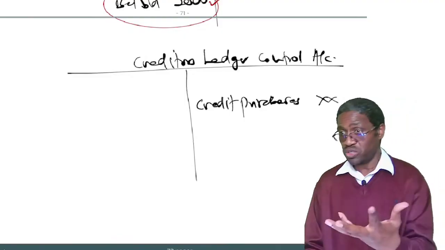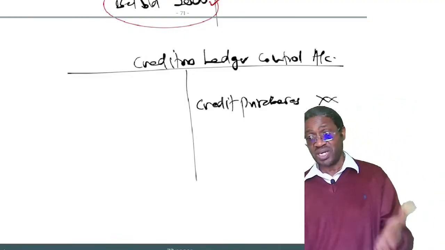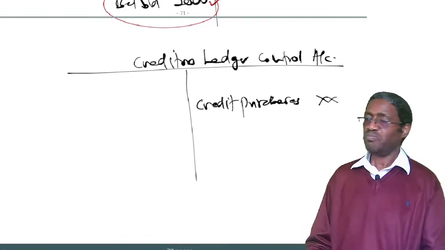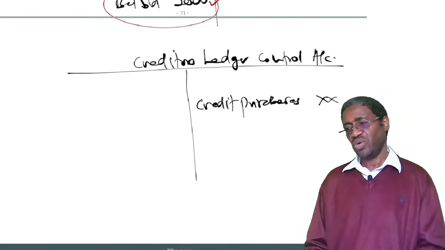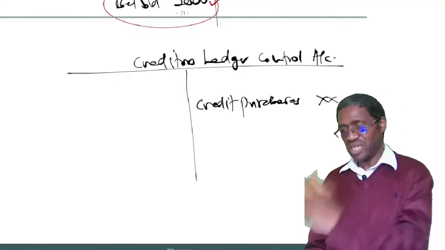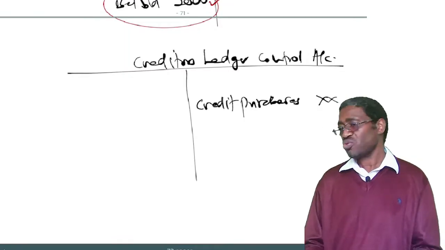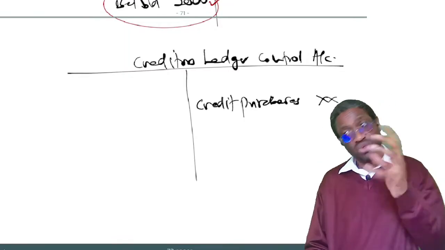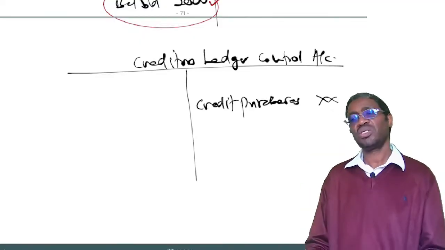Because if you bought goods by cash, you must have debited purchases and credited bank. So that transaction did not affect the creditors' account.